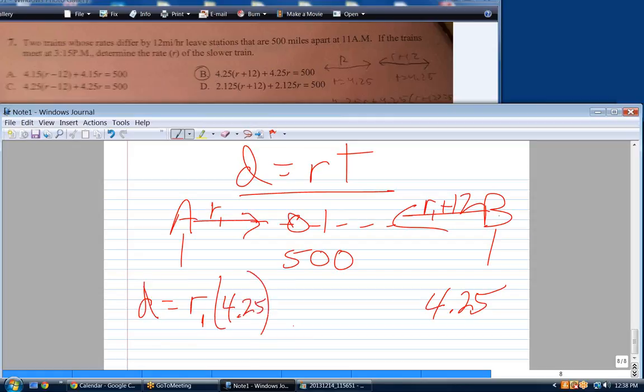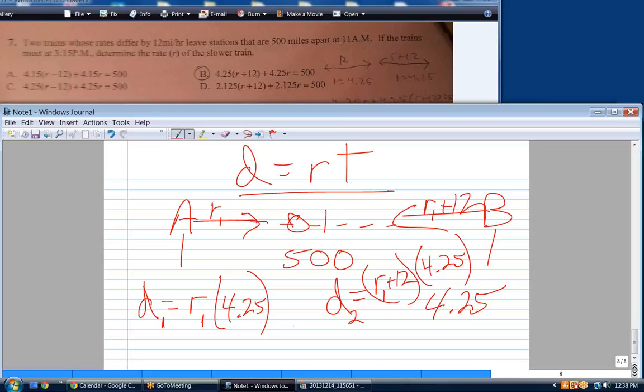The distance that train B goes, not the same distance, we'll call this distance 2, is equal to R1 plus 12 times 4.25.